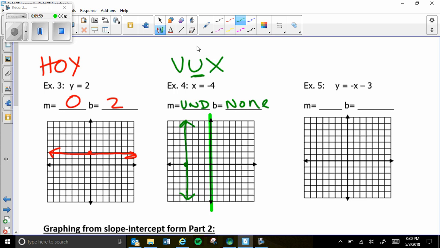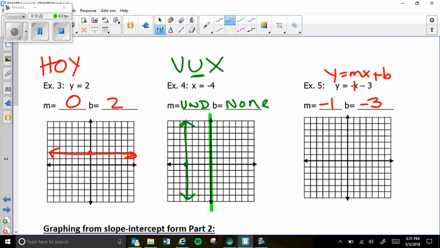All right, and then our last example for this section, y equals mx plus b. What is my m? Well, in this case, what number is in front of x? I just see a negative. Remember, we can have that 1 in front of it, so it's negative 1, and my b is negative 3.